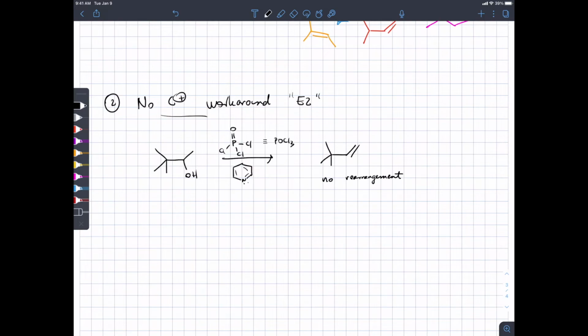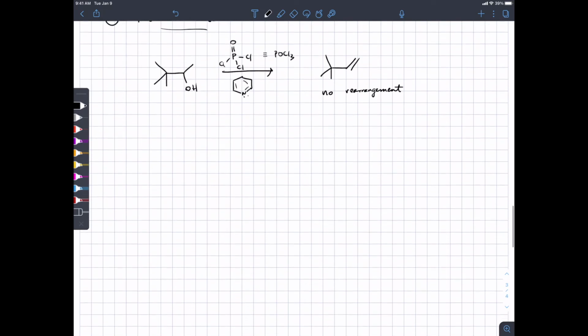Because basically this reaction turns OH into a good leaving group, but that leaving group doesn't leave, and then you do the elimination reaction. Why doesn't substitution compete? I don't know. I got nothing, but presumably the reaction works. So what we're testing here in this area is not so much the why, but your ability to use reagents that you know how they work and you know what they do to come up with a sensible synthetic strategy.